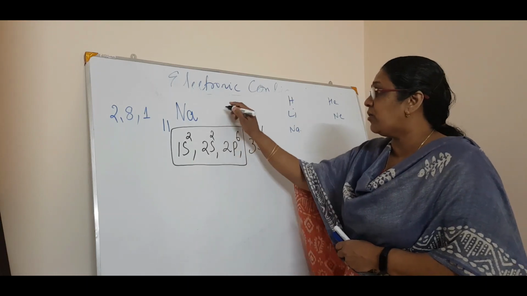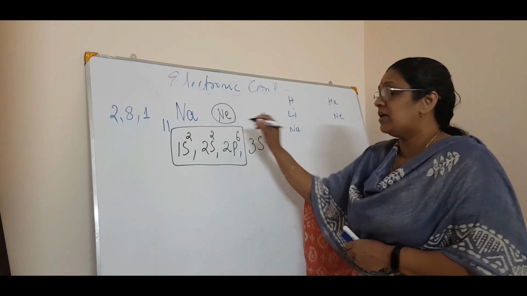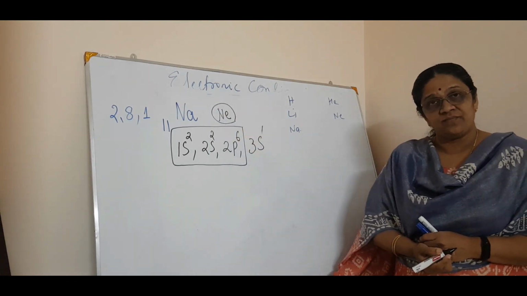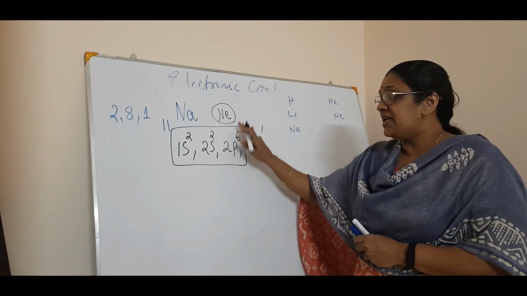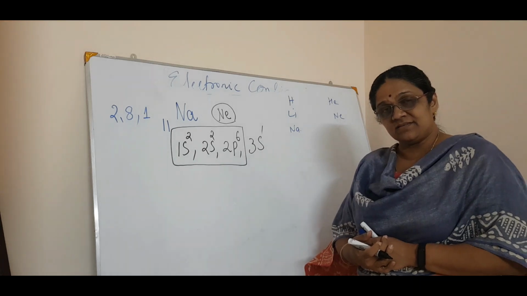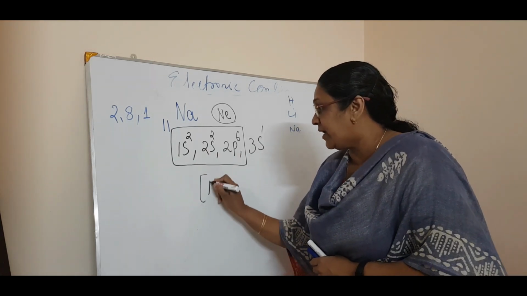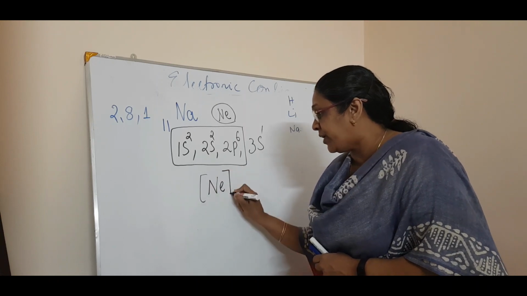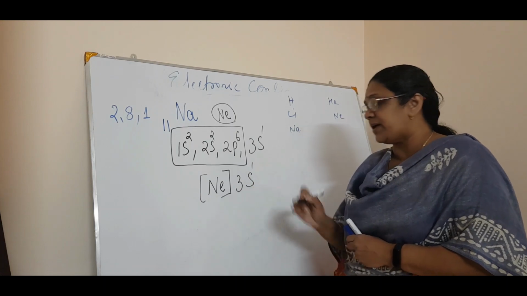This is the electronic configuration of neon, a noble element. So, instead of 1s2, 2s2, 2p6, you can write neon in a bracket and then write 3s1. See?